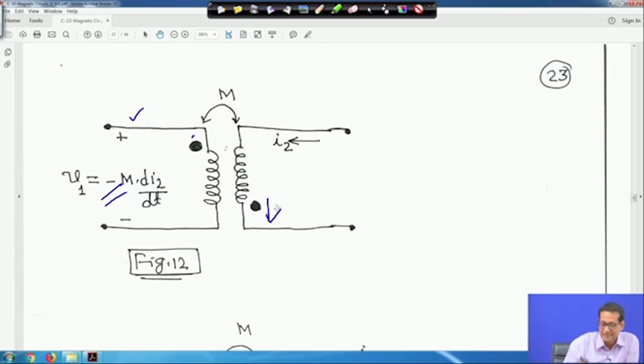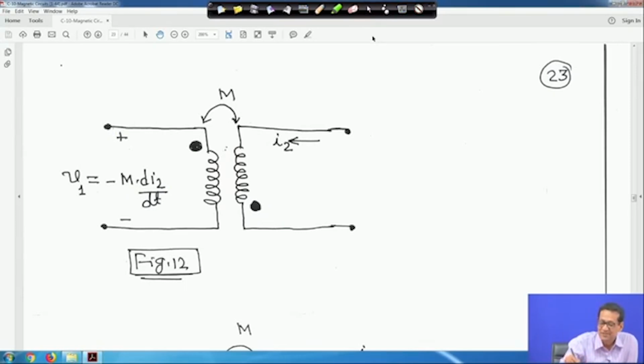That's why it is minus M dI2 by dt. If the dot were placed here instead, it would be plus M dI2 by dt, but you have to see whether the current is entering or leaving the dot. Although the reference polarity on this side is plus, the current is leaving the dot, so it is minus M dI2 upon dt, right.